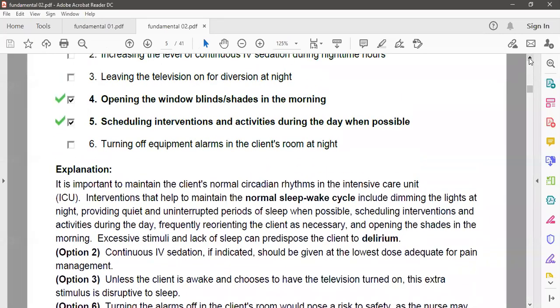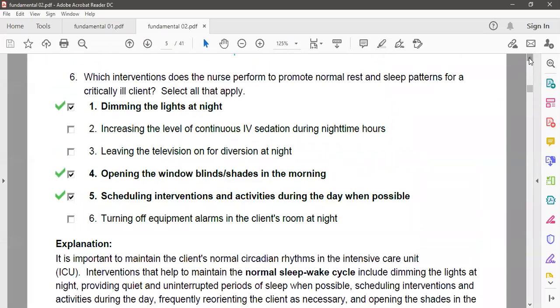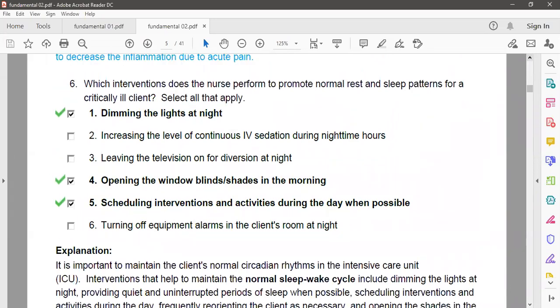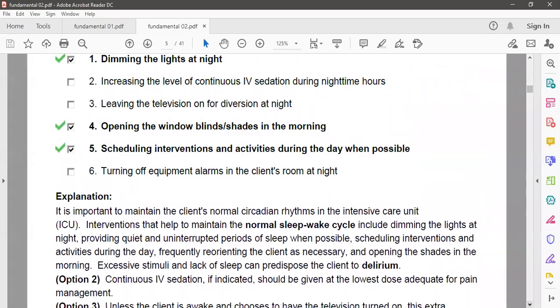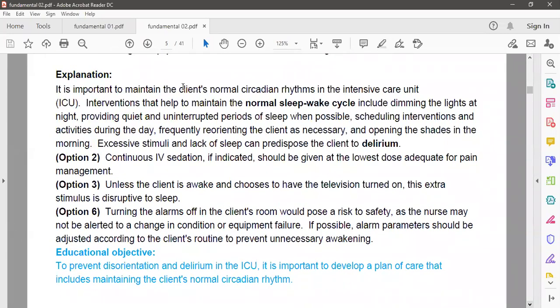So here they said, okay, let me read their explanation for you. It is important to maintain the client's normal bodily rhythm within the intensive care unit, or shortly called ICU.